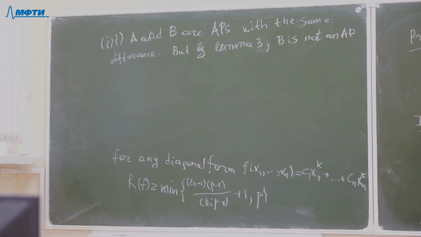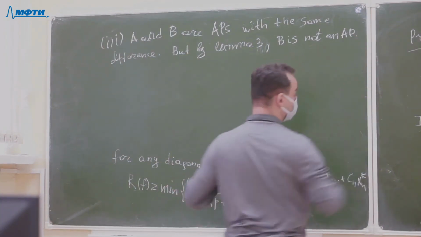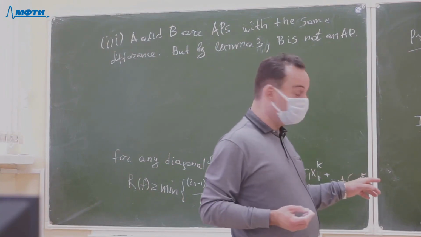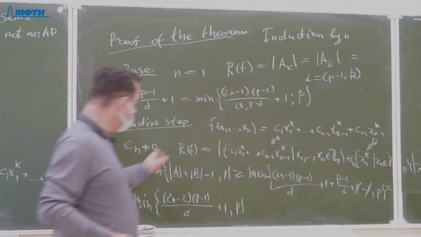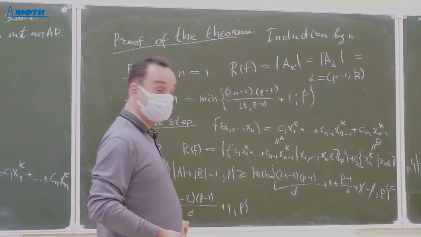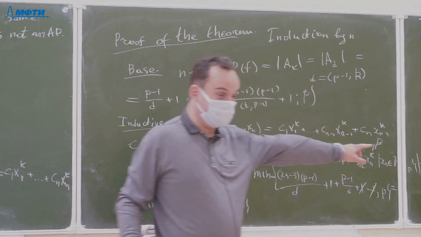So this means that we have a strict bound here, but also the range of the form is a multiple of (P minus 1)/D by lemma 1, right?